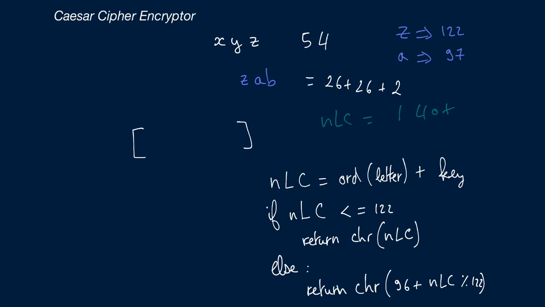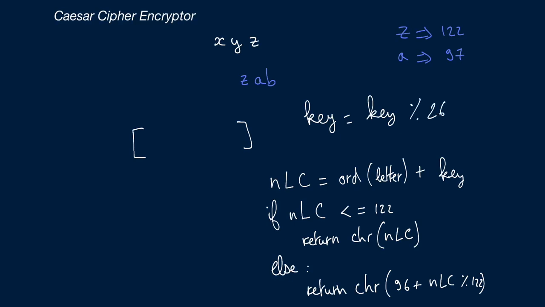So what we can do at the very beginning of our algorithm, instead of dealing with a big number like 54, is we can say, let the key be equal to whatever our given key is, and then mod that by 26, which is the number of letters in our alphabet.